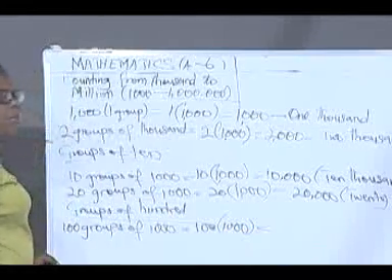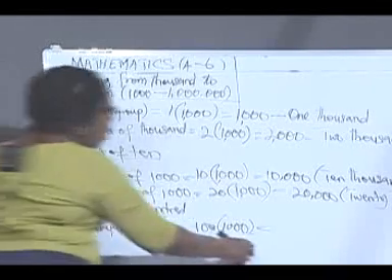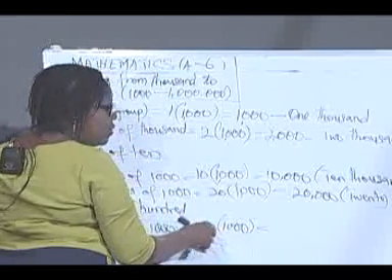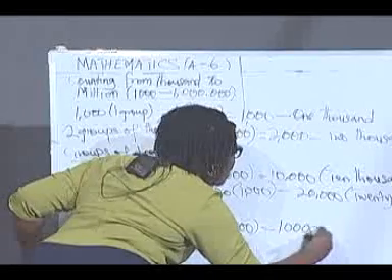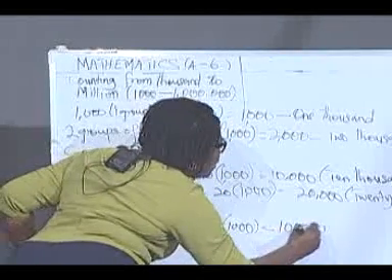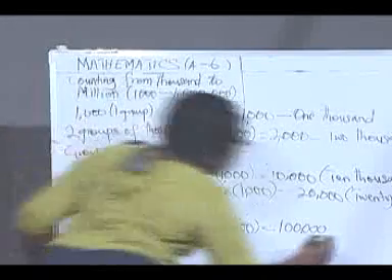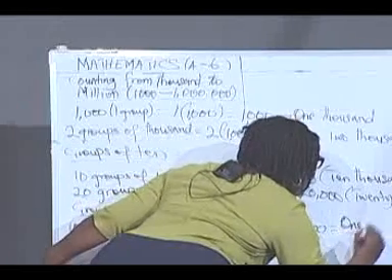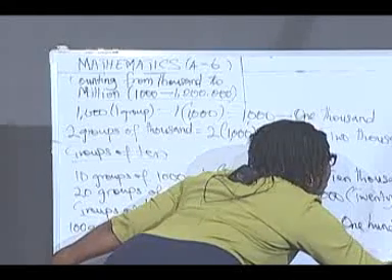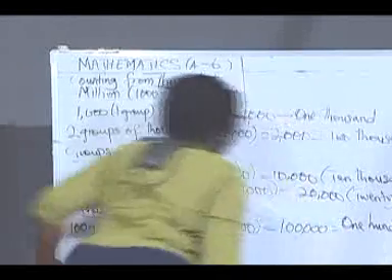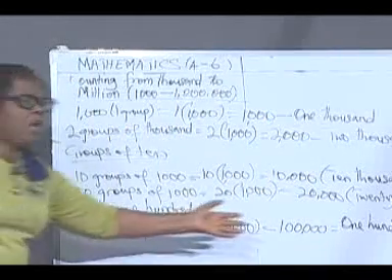Children, what will it be? Multiply it out. How many zeros? 5 zeros. Just put 1. Put 5 zeros. Now 1, 2, 3. Put your comma here. What will it give us? 100,000. Written in words as one hundred thousand. Okay?